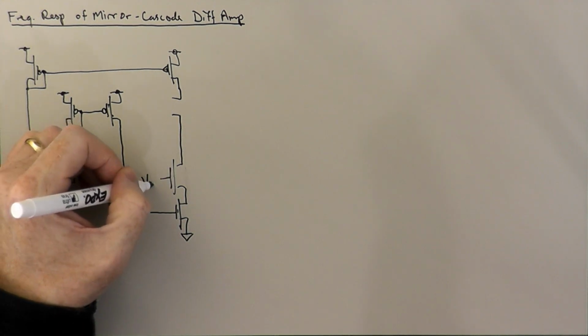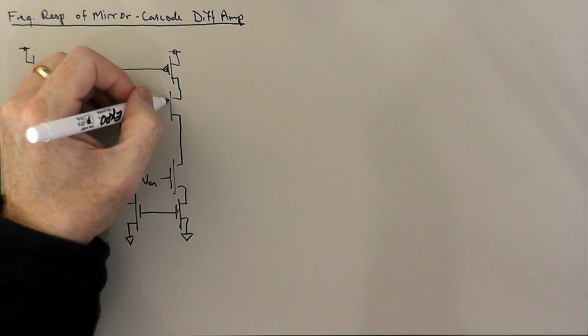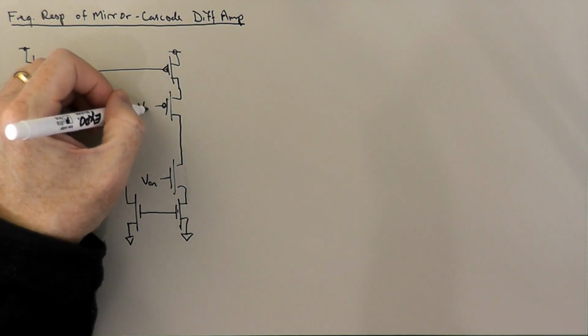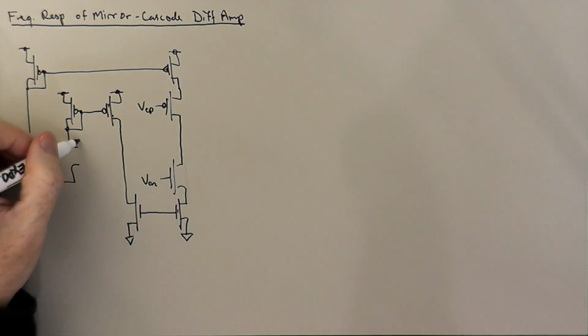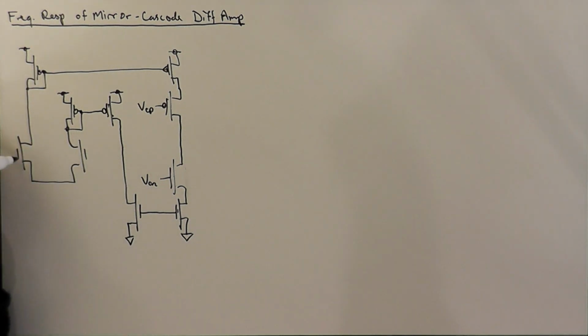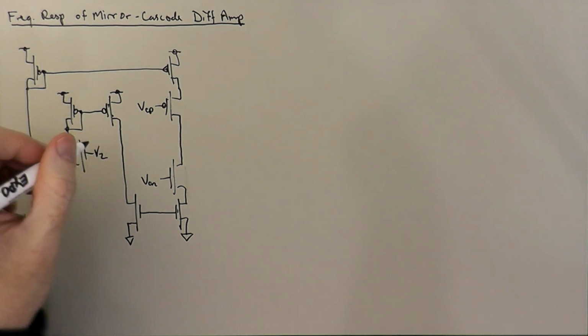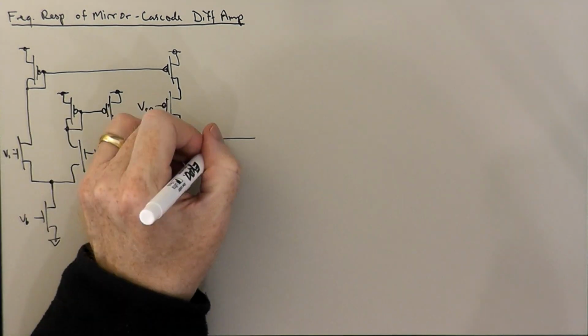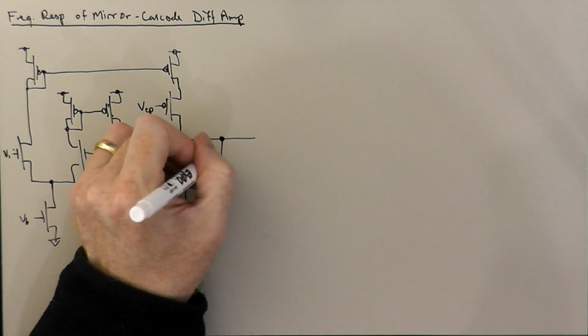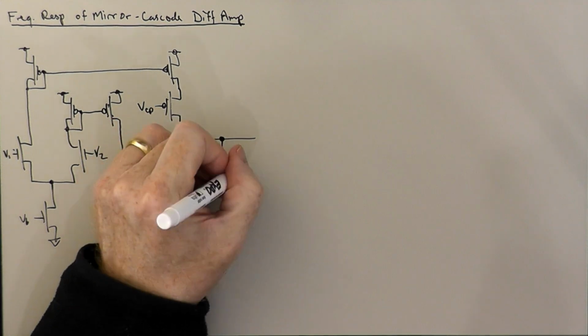We've got a VCN here and a VCP here. And so to the circuit, we're talking about adding an output capacitance, C out.